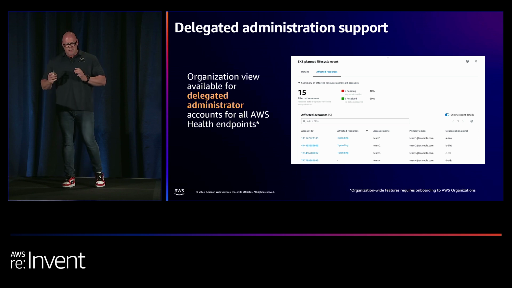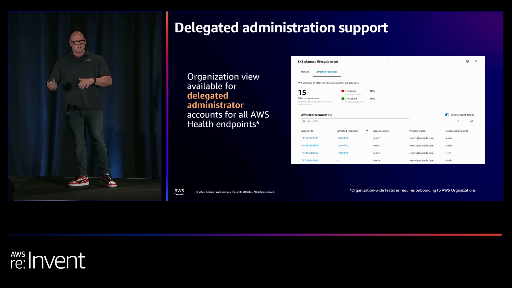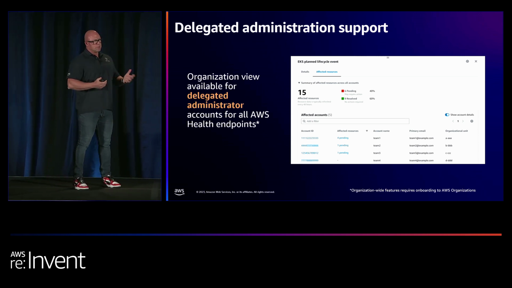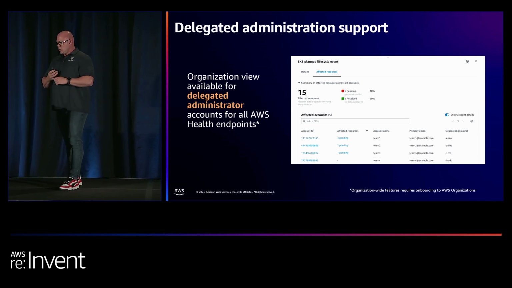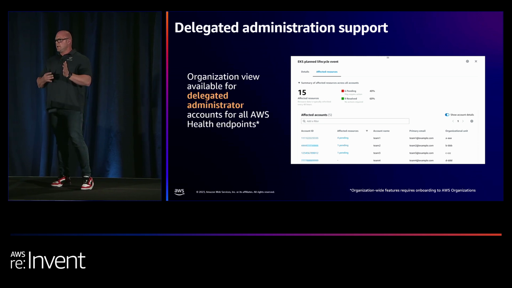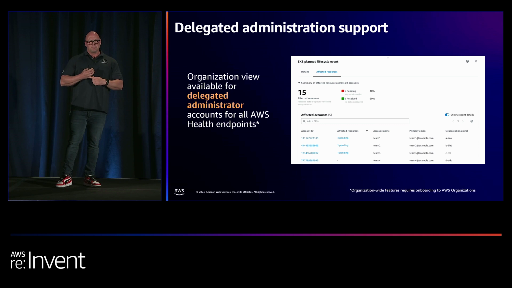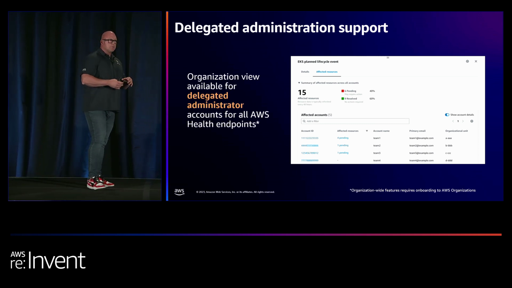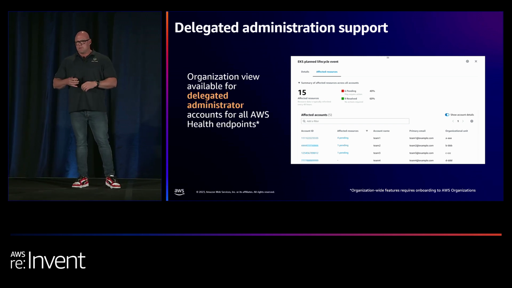So we're happy to announce that you now have the ability to use a delegated administration account to access all of the health events across your entire organization. For example, you can now log into the AWS Health dashboard with a delegated administration account to see all of the events across your entire organization, or use that delegated administration account to access our organization view APIs if you have an enterprise or business support plan.